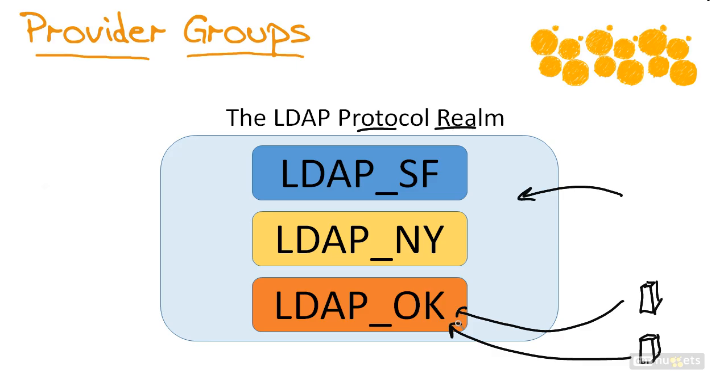Maybe even load balancing of authentications. And now what I have is a provider group inside my protocol realm so that when a particular user is logging in, I can instruct them, hey, from the drop down at login, go ahead and select your LDAP underscore Oshkosh provider group so you can be authenticated against the servers I want you to be authenticated against. So two terms here, protocol realms, and then within them, the provider groups that we create.